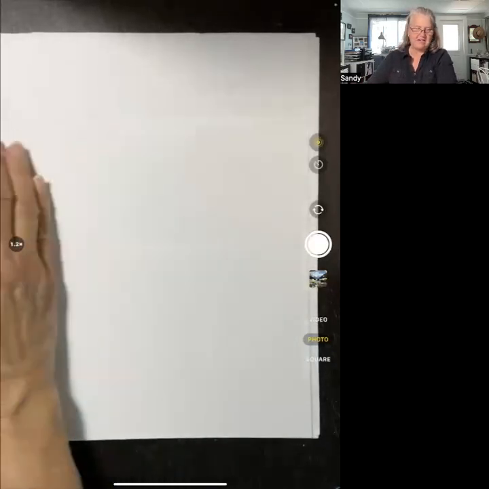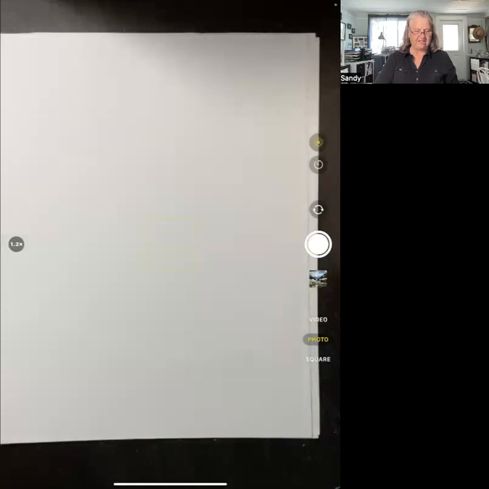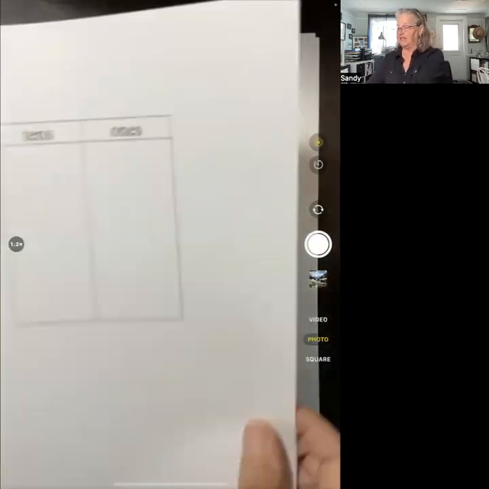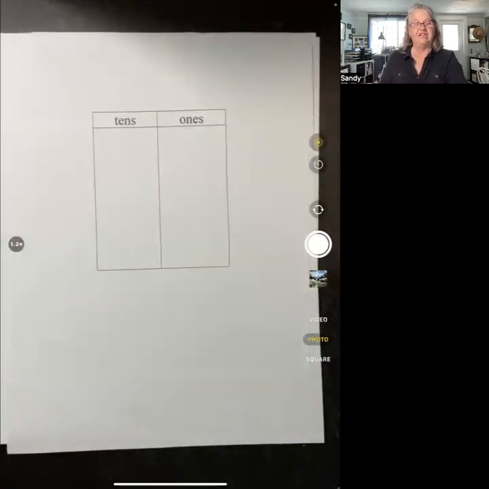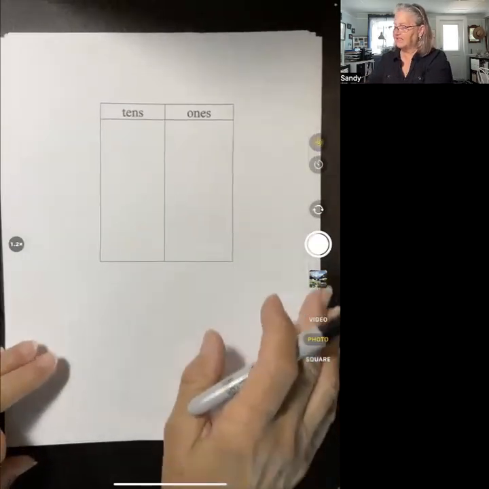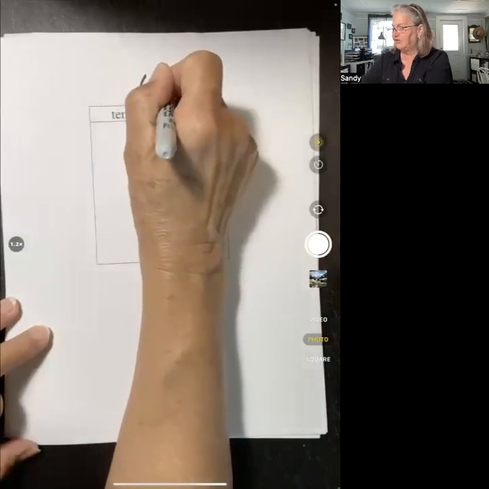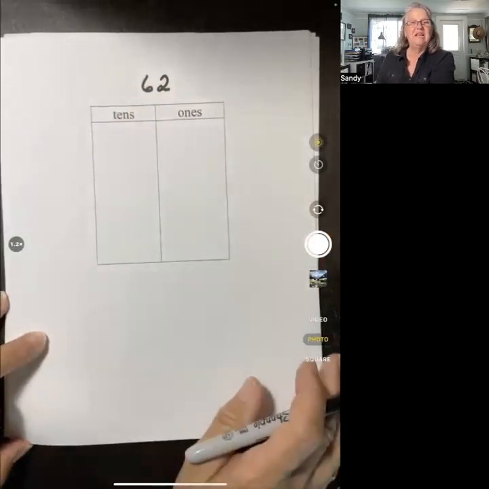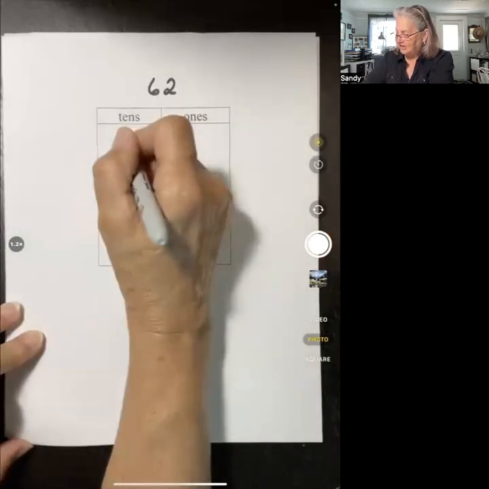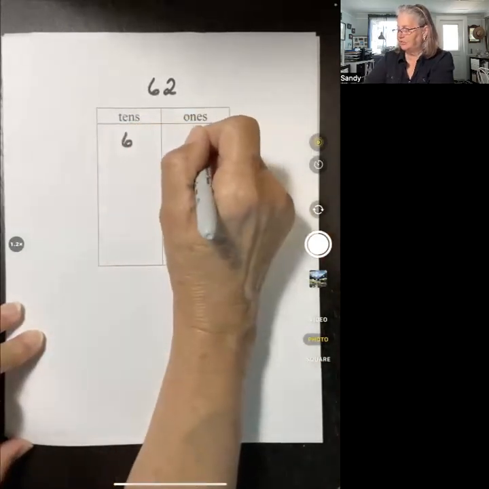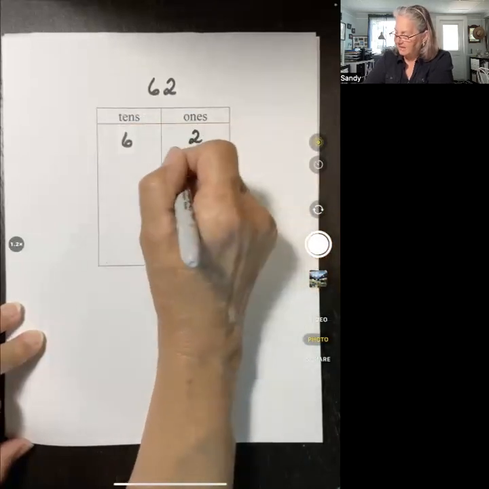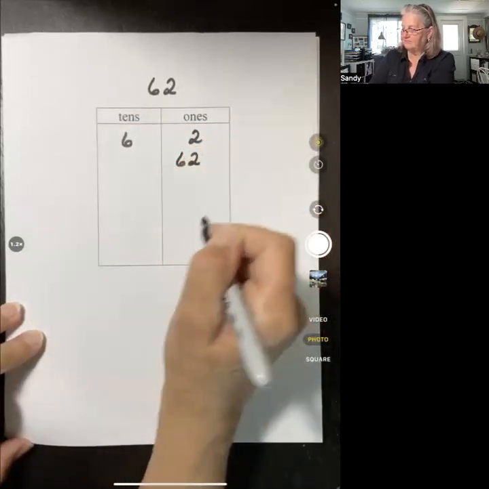So you may find that your child is asked to think of equivalent ways to make a quantity using tens and ones. And I'm going to start with a number like 62. I could make it with 6 tens and 2 ones. I could make it with 62 ones.